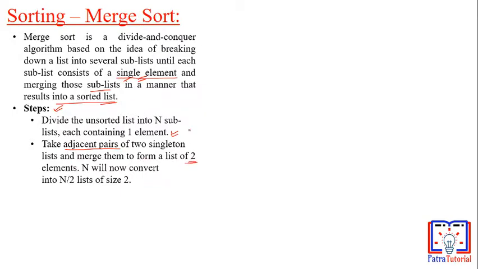One sublist has one element and the second sublist has one element, and we merge these two lists, and the resultant list will have two elements in sorted order.